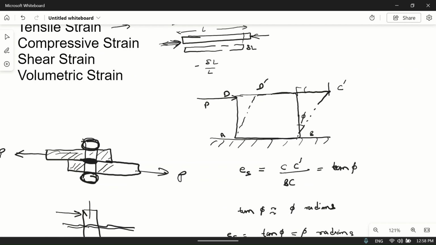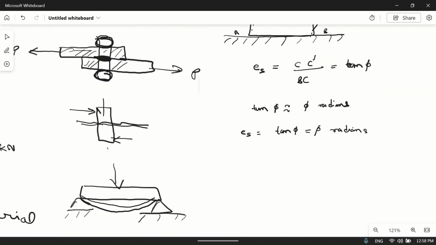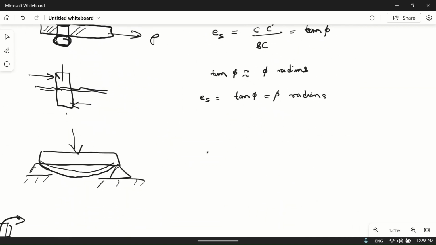In volumetric strain, what will be the value of strain? Suppose it is Ev. Volumetric strain will become change in volume divided by original volume.